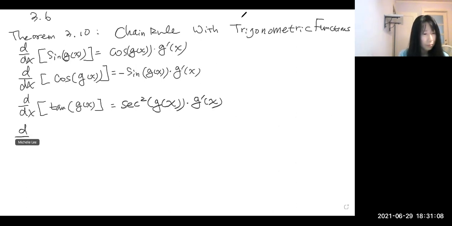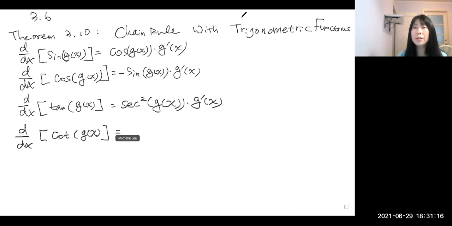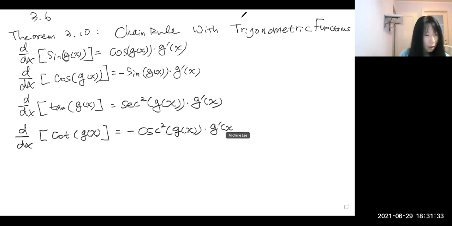Now cotangent g of x. What's the derivative of a cotangent? Negative cosecant squared x, so g of x in this case. Now g prime of x, right?